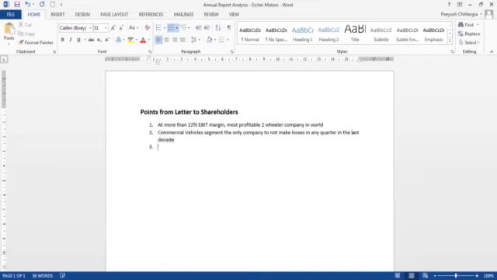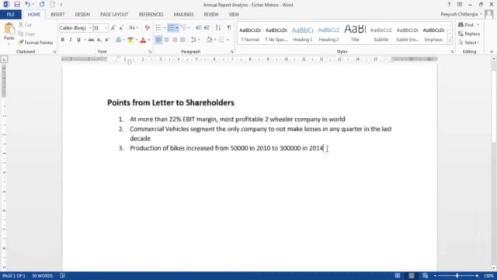That's what they say. Production of bikes or two-wheelers increased from 50,000 in 2010 to 300,000 in 2014, right?